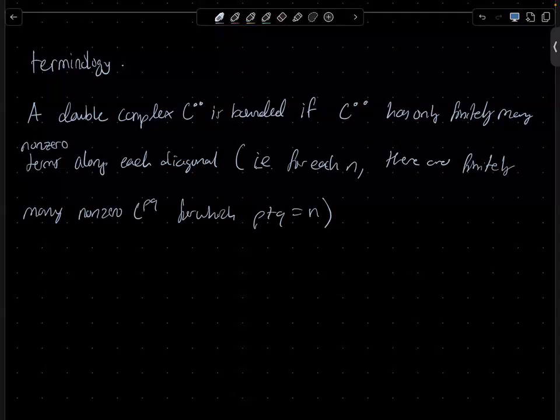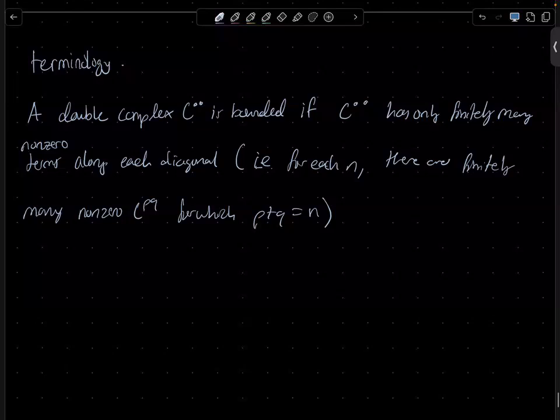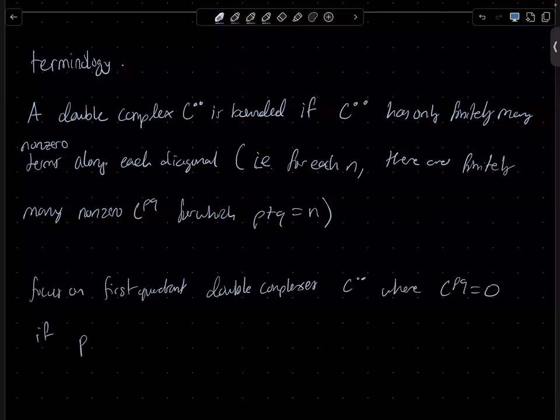Right. And throughout, we are just going to focus on so-called first quadrant double complexes. That is C bullet where C^{p,q} is 0 if p is less than 0 or q is less than 0. So these are just concentrated in the first quadrant.